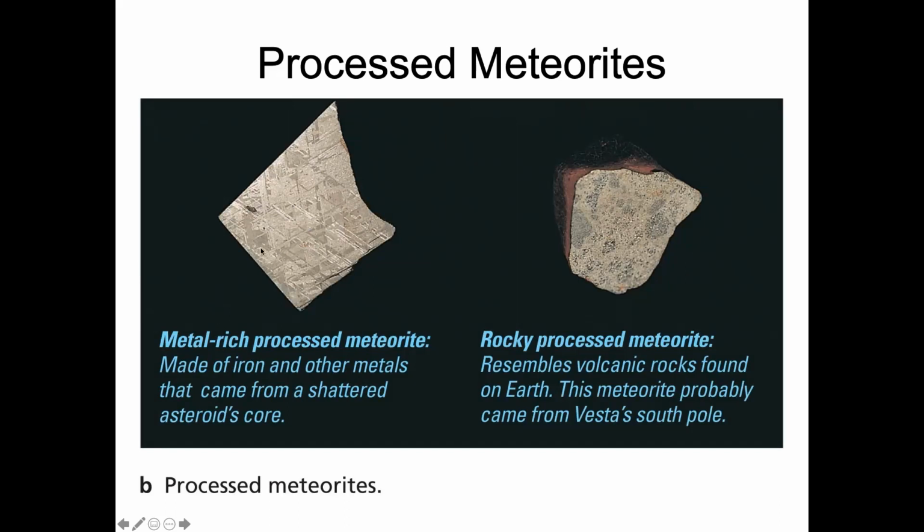So this comes from the core of an asteroid. And then we have another processed meteorite, indicated at the bottom here, that resembles volcanic rock. So maybe this comes from a meteoroid where there was volcanic activity once, and that's why it's processed. It has a mixture of material in there.